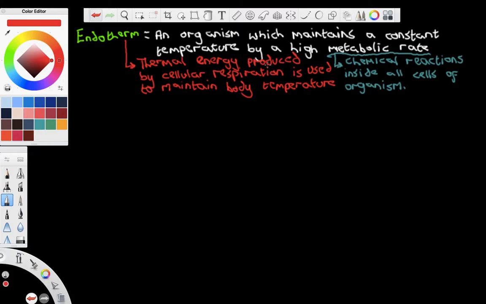Now, these are the organisms we spoke about last lesson, and examples of endotherms include, e.g., birds and mammals. Okay, so these are essentially the organisms we spoke about last lesson. Now, endotherms are usually homeotherms.